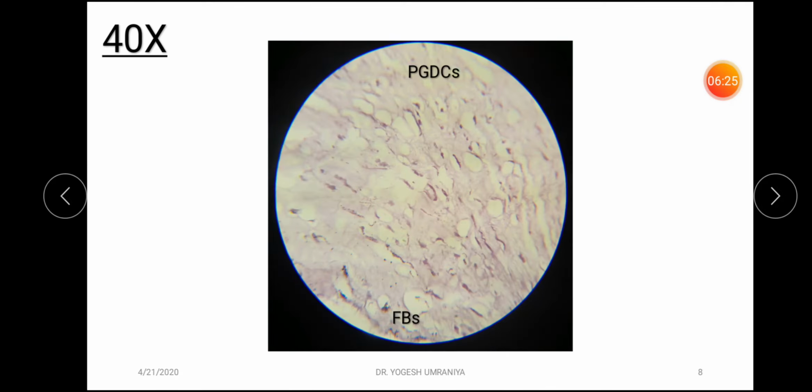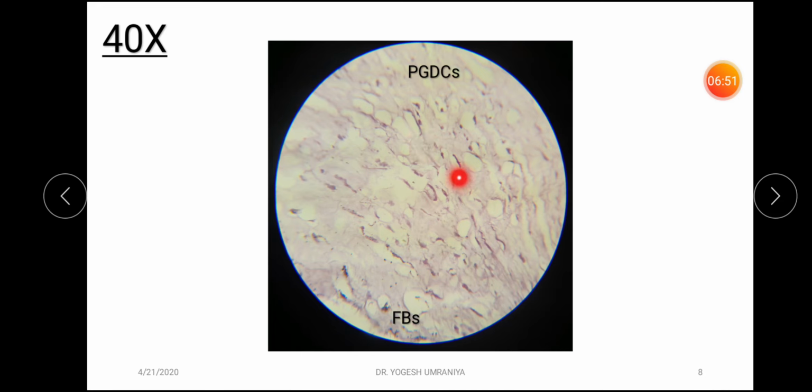Next one, that is the image under the 40x. This is something looking like the mucoid connective tissue we have already seen in the umbilical cord slides. So this tissue looks like the mucoid connective tissue, but here you will find the polygonal decidual cells.